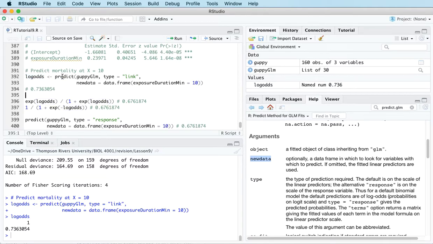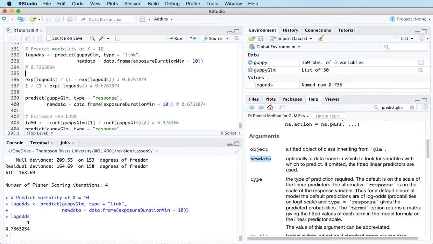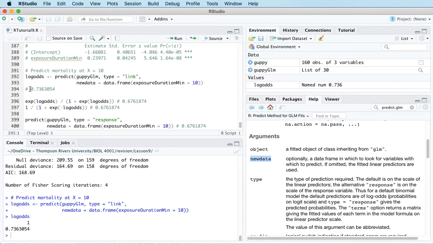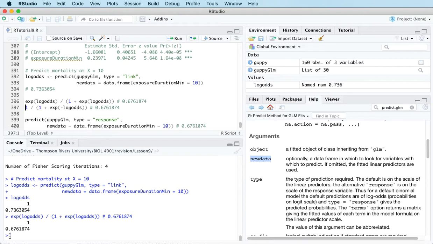But that's not quite what I wanted. What I wanted was a probability. So to get the probability, I have to transform this number, and one formula for that transformation is given here. It gives me a probability of 0.676.